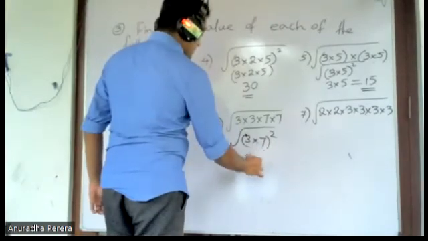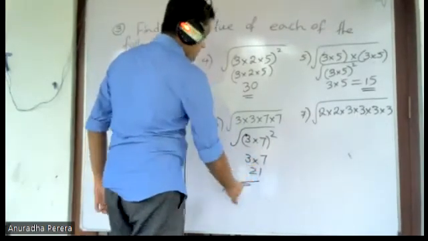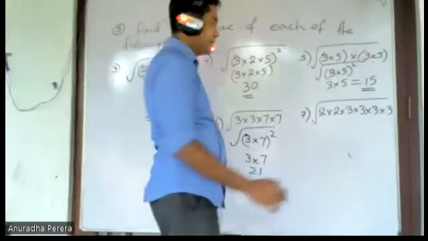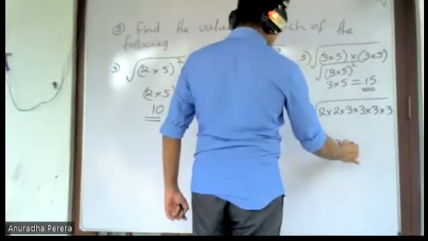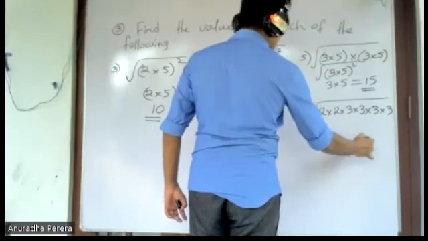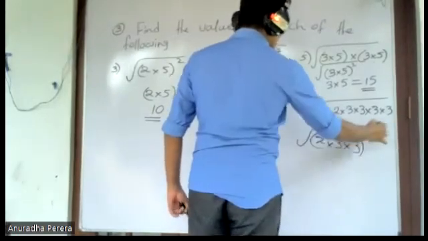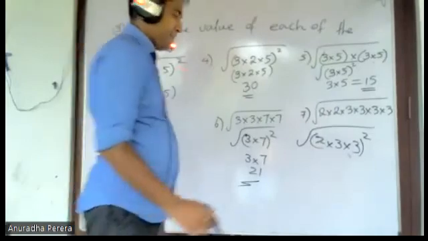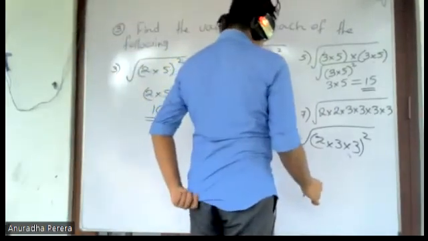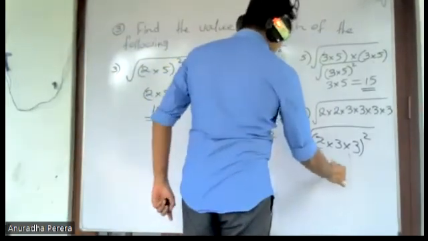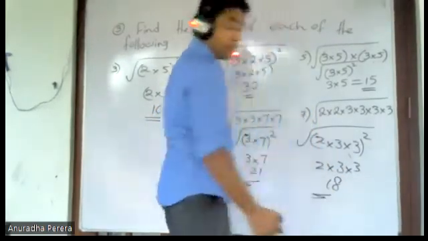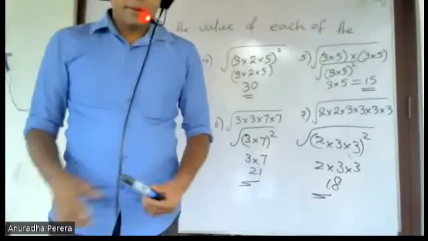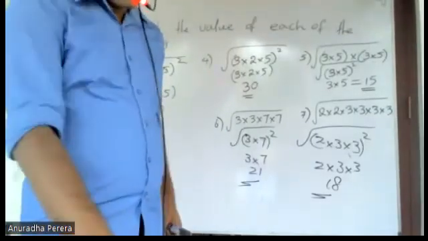The answer is 21. This one, 2 times 3 times 3 squared, the square root. What is the answer? 80. ඔක්කොම හරි නේද පුතේ? Yes, sir. It's all correct. Very good.